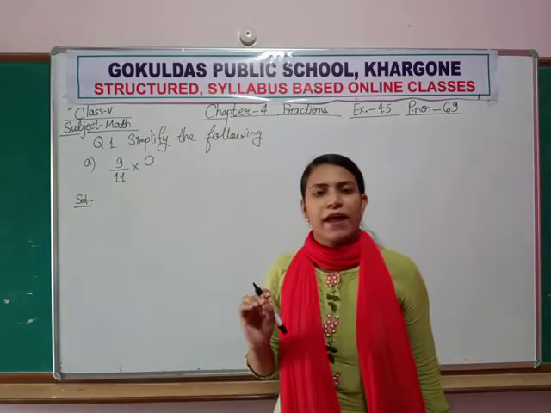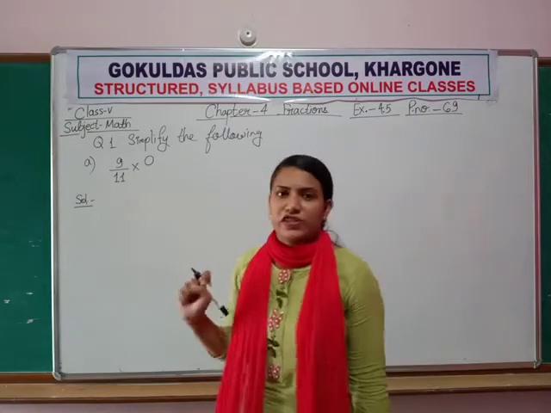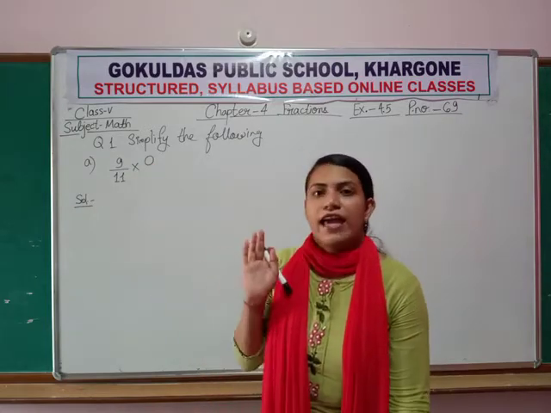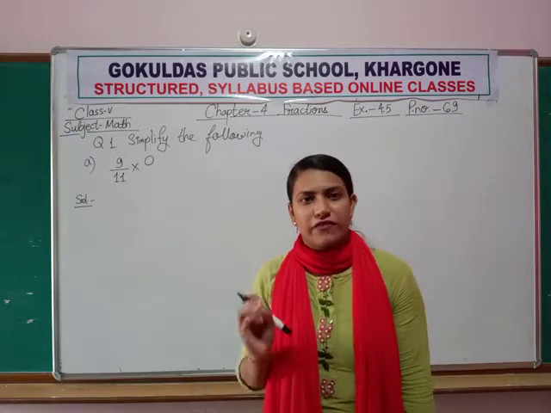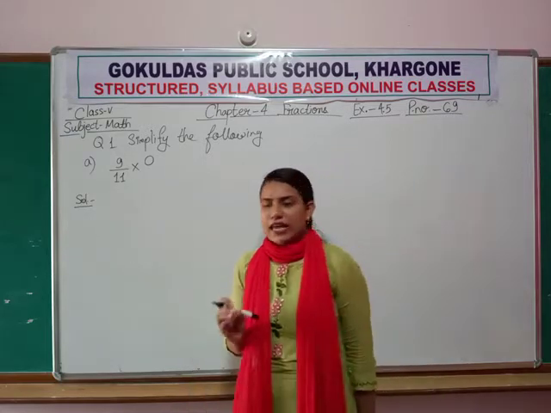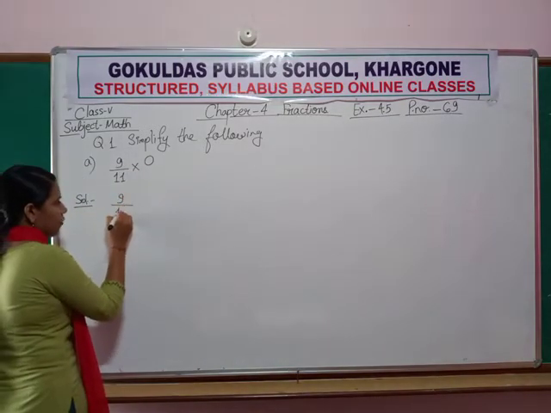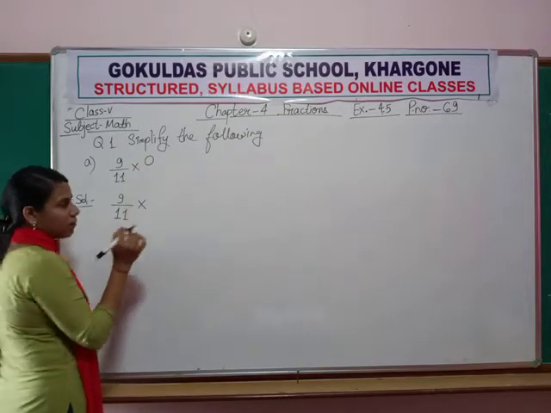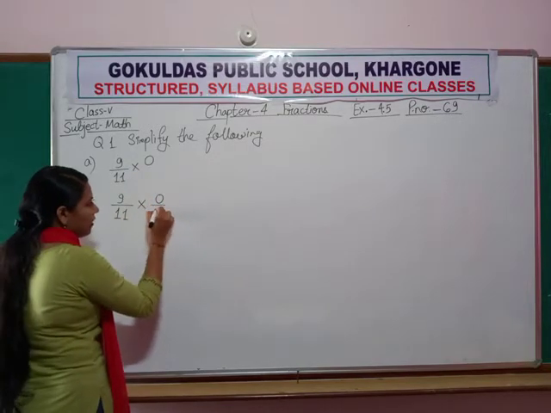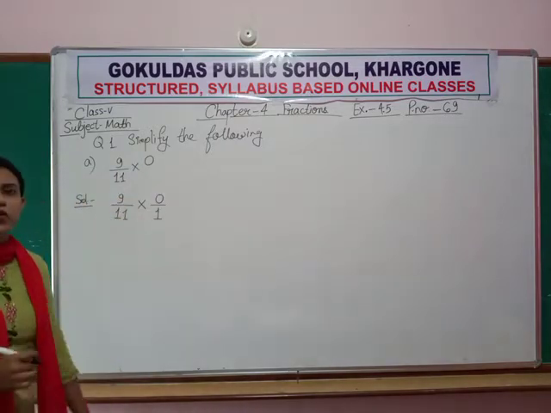To multiply two fractions, first of all we need to make both fractions. As I told you, every number has 1 as its denominator. So here 9 upon 11 is a fraction multiplied by 0, a whole number, but we can write 0 upon 1 to make it a fraction.